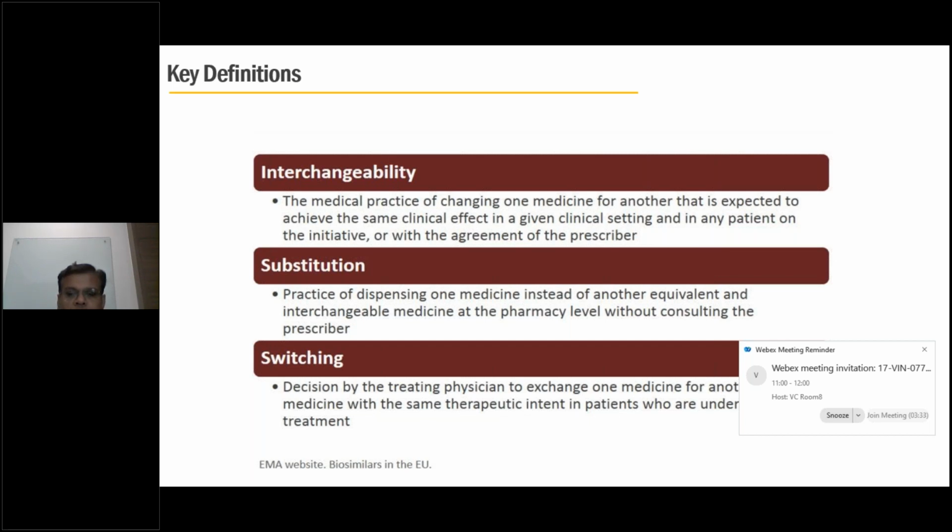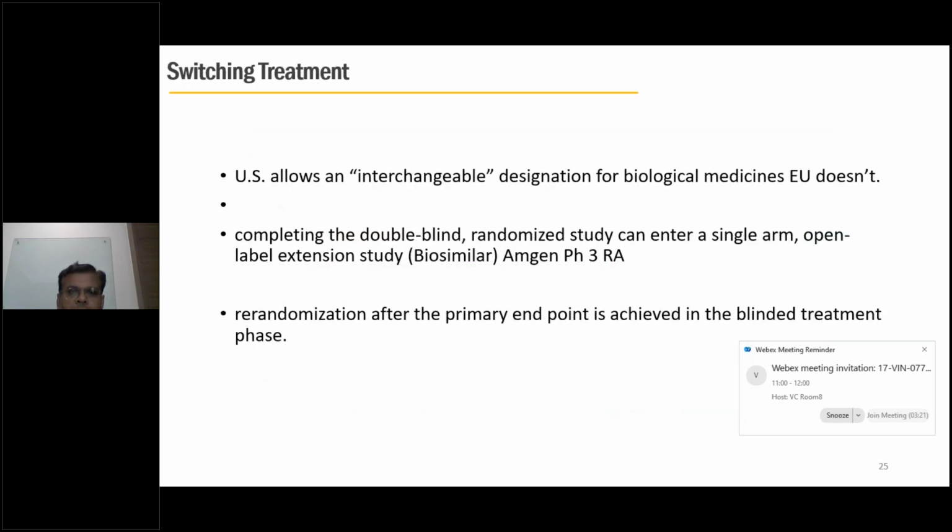And substitution: if you are already on, say, biosimilar A, you cannot be substituted to the next biosimilar unless your physician allows. So this switching is also important, like say patients from each treatment arm may be randomized to the reference product or a biosimilar, to ensure switching from the reference to the biosimilar product or vice versa.